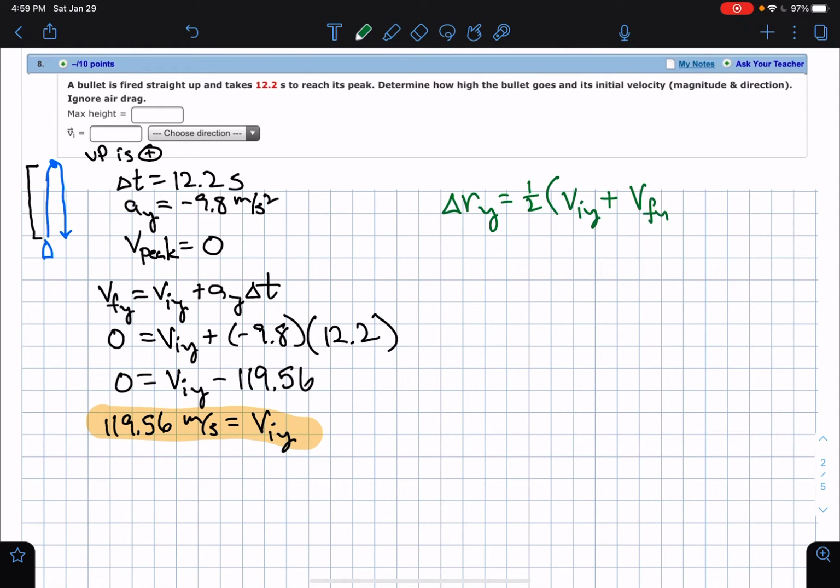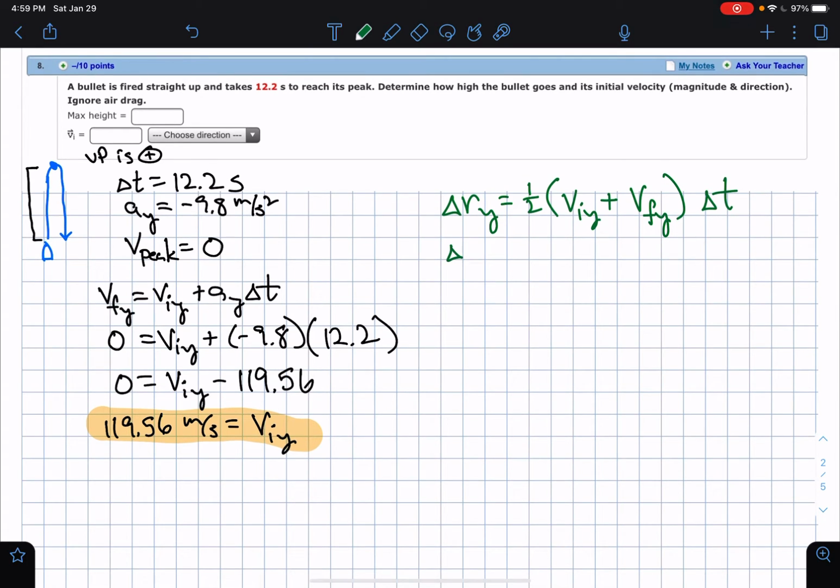You could try a different one, and you should see that it gets the exact same answer. In fact, I'll do that as well. Delta ry is 1/2 times 119.56 plus 0, times 12.2.